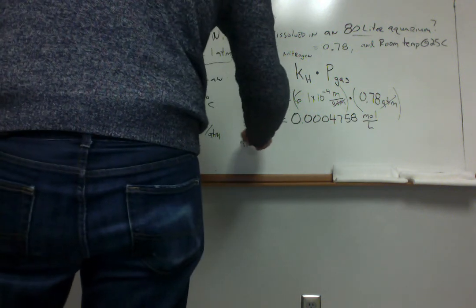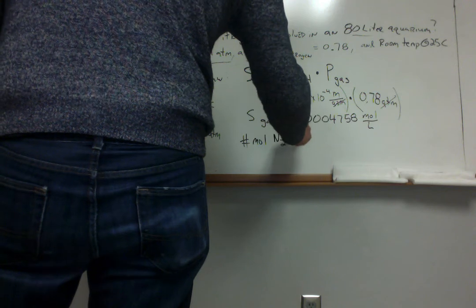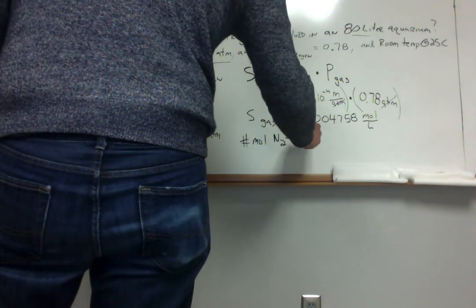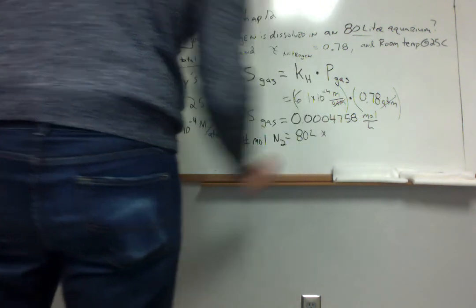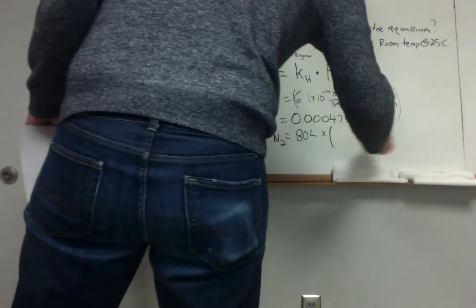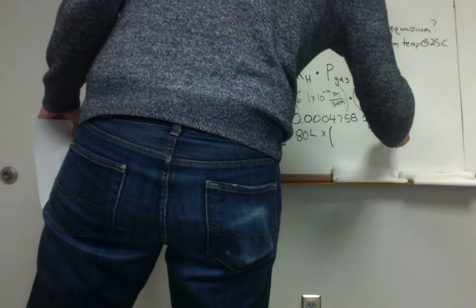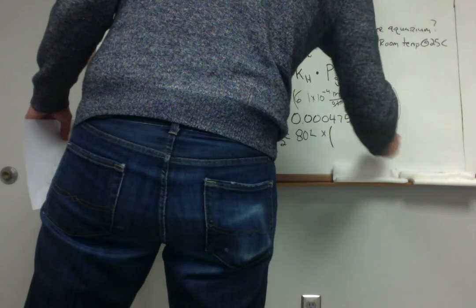So if I want to figure out how many total moles of nitrogen N2 gas I've got, the first step is to take 80 liters, my volume, and multiply that by my concentration in mole per liter units, such that the liters cancel.